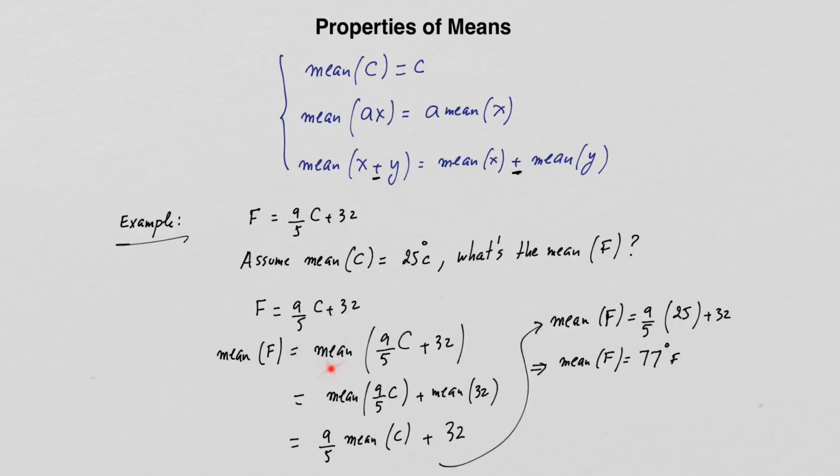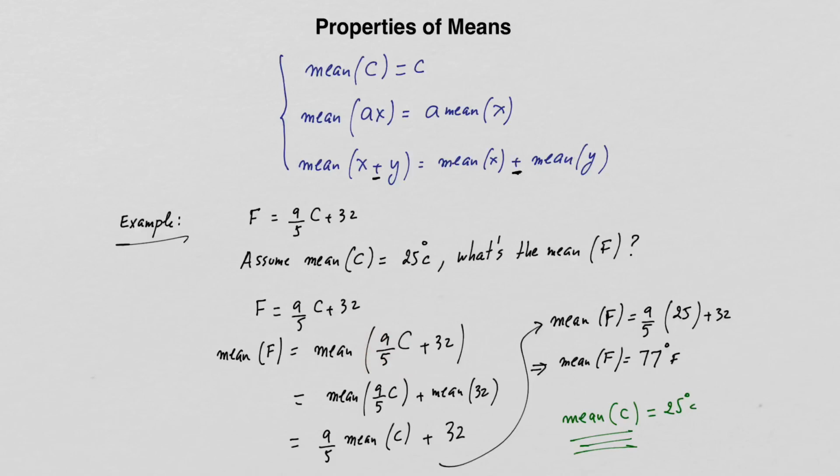You don't see the mean of C right there. The way you see it is if it looks exactly like this: mean of C. If you see this, you have the right to call it 25 degrees Celsius. If you don't see this, you have no right to draw that conclusion. So right now, I don't see the mean of C. I see a little bit, but this 9/5 is bothering me.